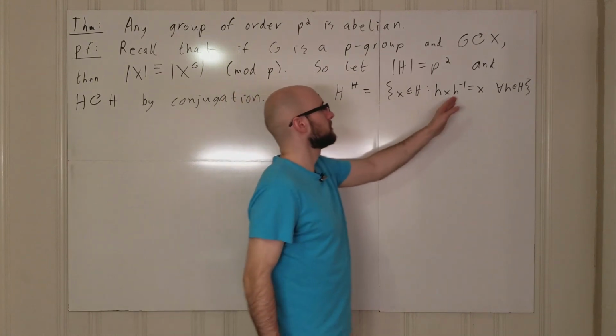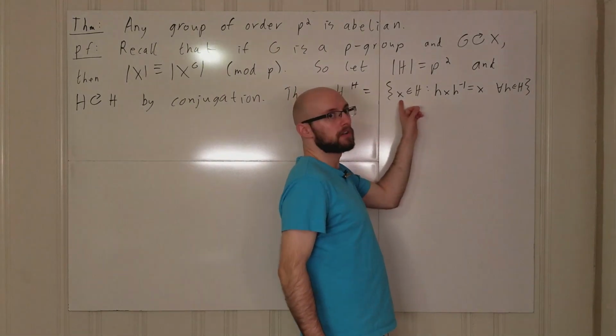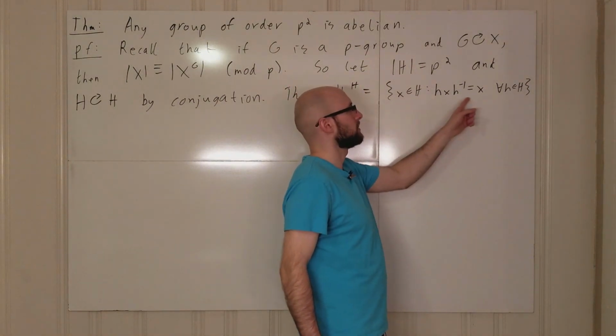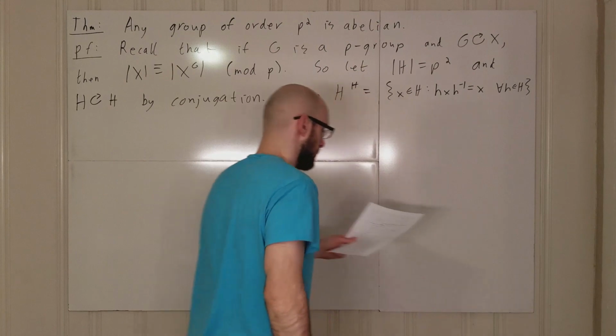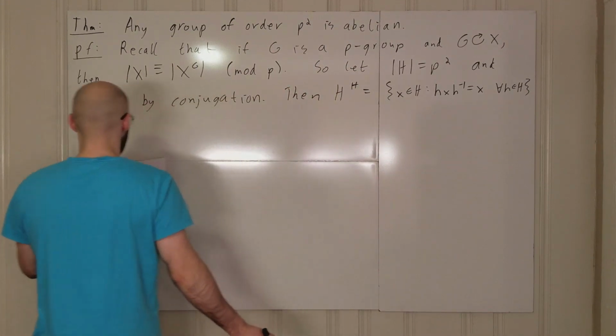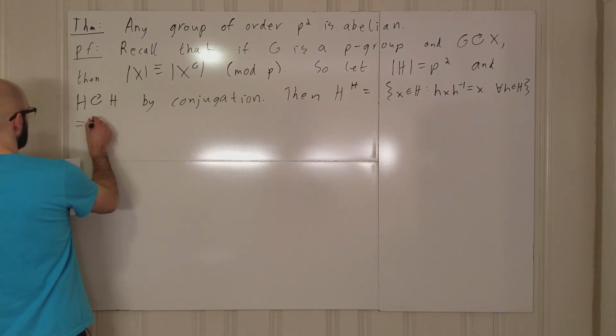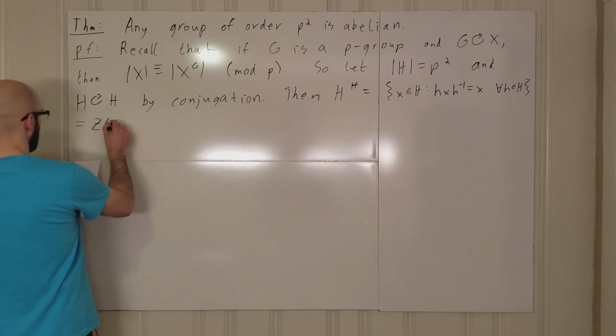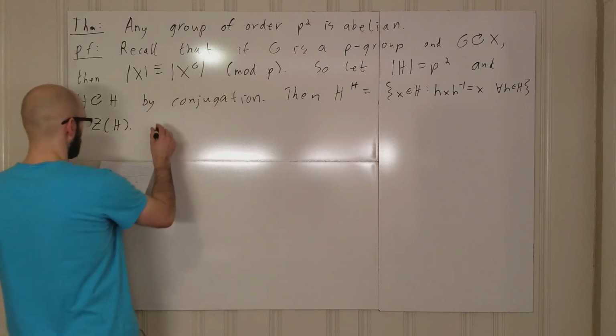But look, if you multiply on the right here, this is the set of all x in H such that hx equals xh for all h in H. But what is that? That is just by definition the center of H. Okay?